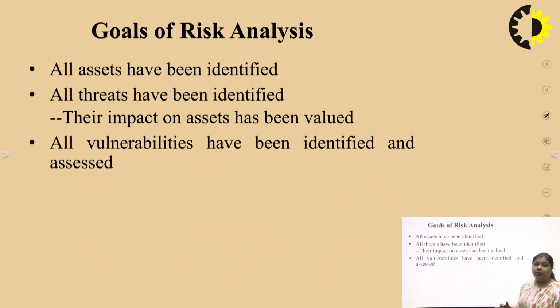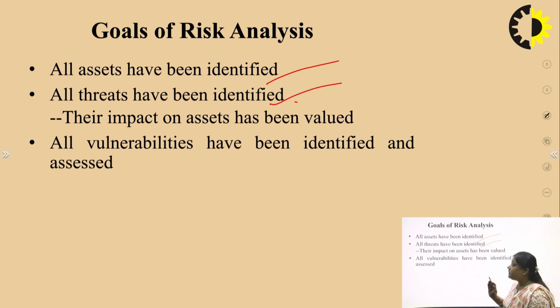Now, what are the goals of risk analysis? As we already discussed, first of all assets have to be identified. Next, all threats have to be identified and their impact on assets valued. First, we have to identify the assets in our organization, or in a part of it, that need to be safe from security risk.